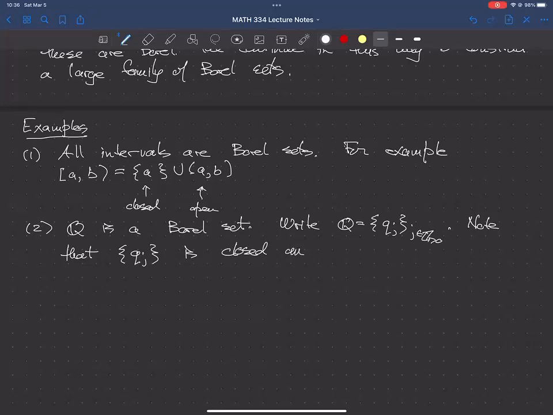And so Borel for each j. Okay. And so therefore, the union of all the Q's, which is just the union of these singletons, is a countable union, is Borel.